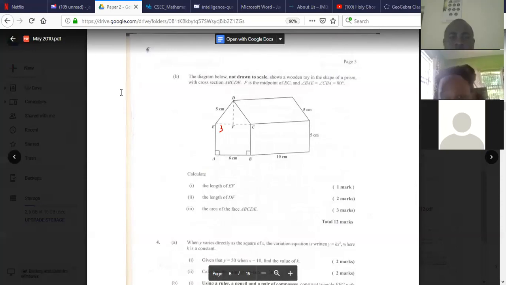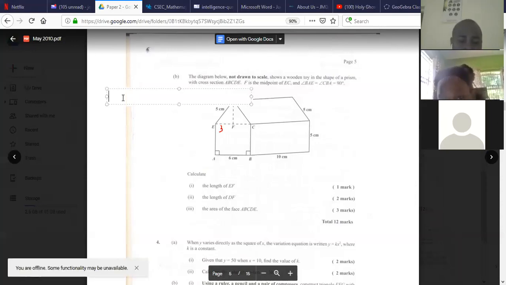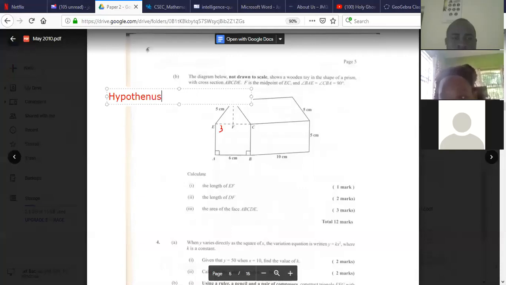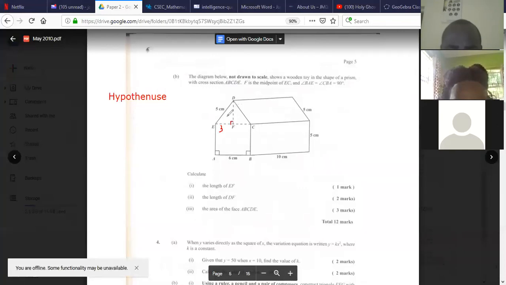It's just a name they give to the longest side of a right angle triangle, and it is always opposite the right angle. Where is the right angle? Right there. So the side opposite the right angle is always called the hypotenuse.